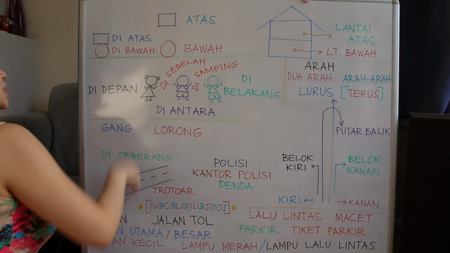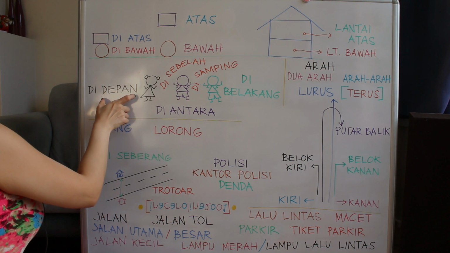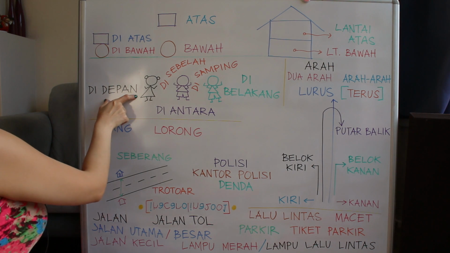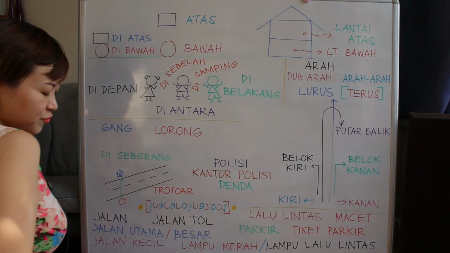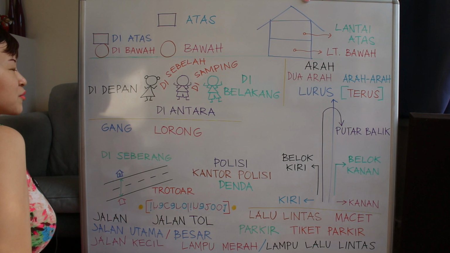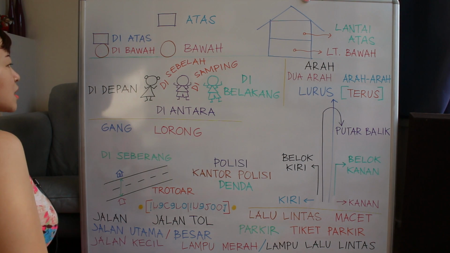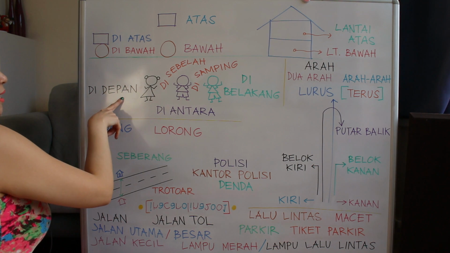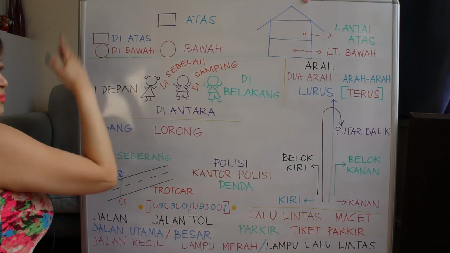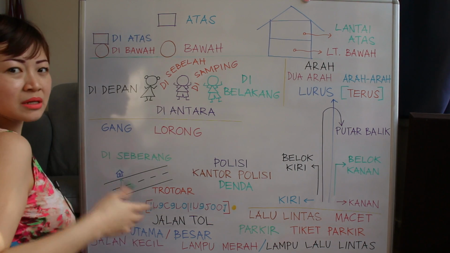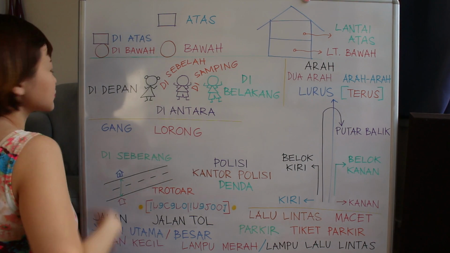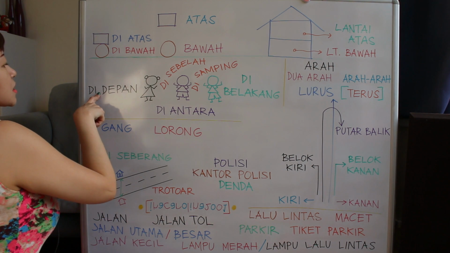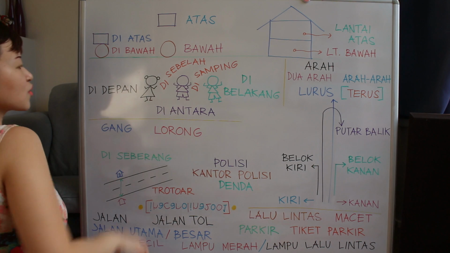In front is depan. In front or in front of, but in Indonesian language, or Bahasa Indonesia, we don't use the of. We just say di depan. Di, again similar to this one, can be in, on, at, or many others. Di, and then space, depan, front.